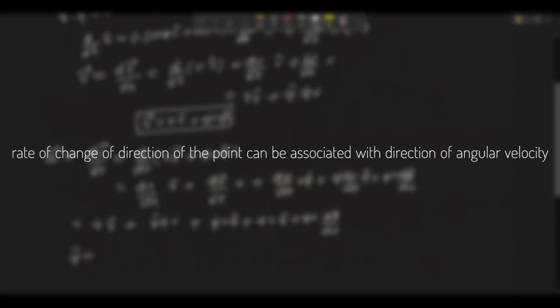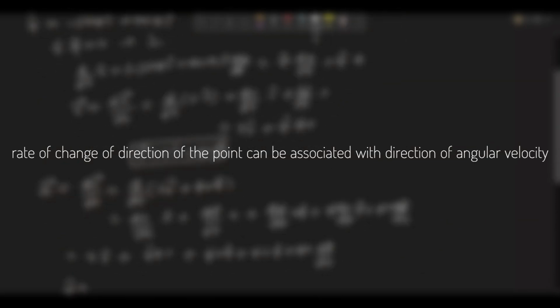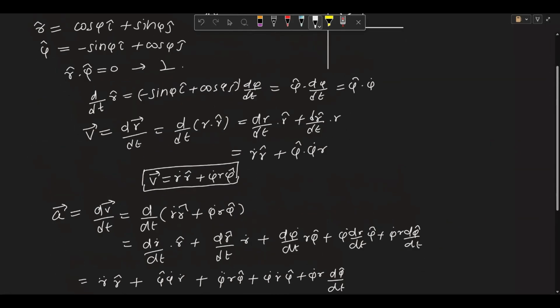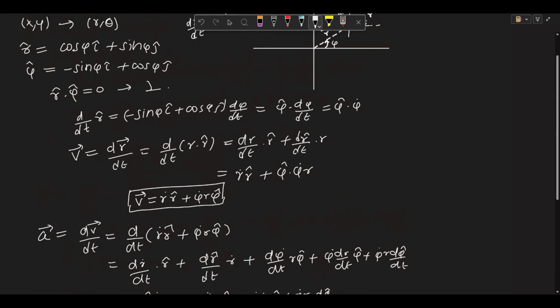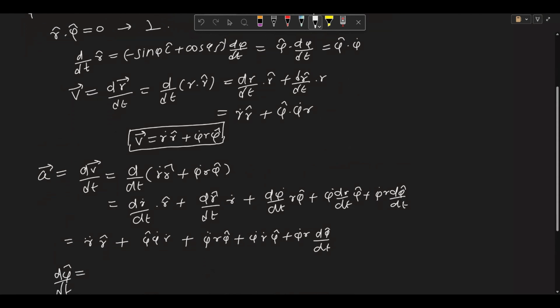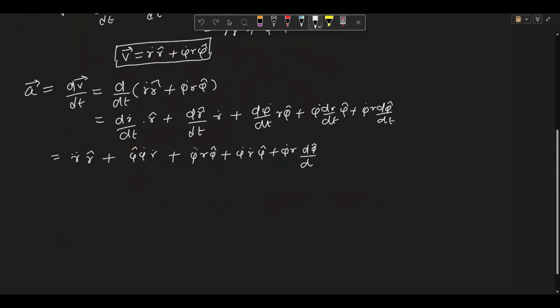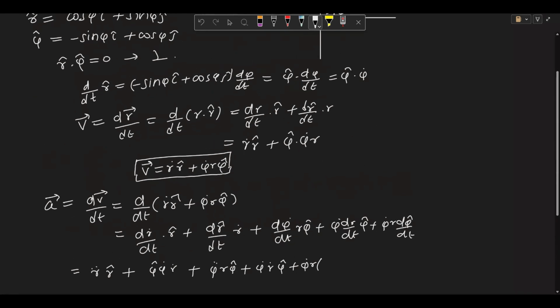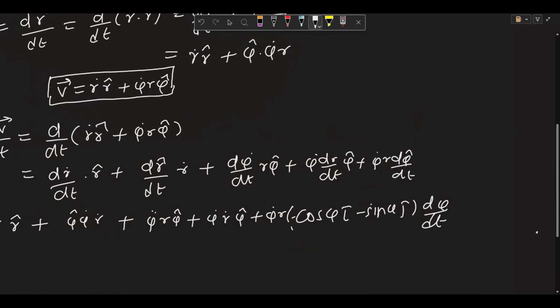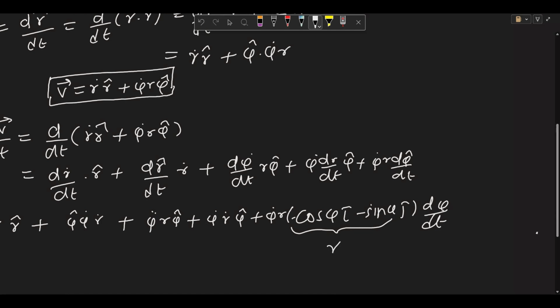All of these mean something. d phi cap by dt would be, let's just directly write over there, sine is positive, so this is r cap negative, times phi dot.